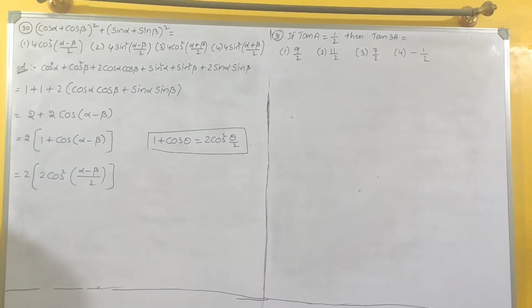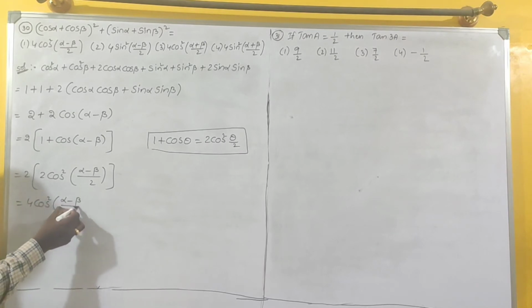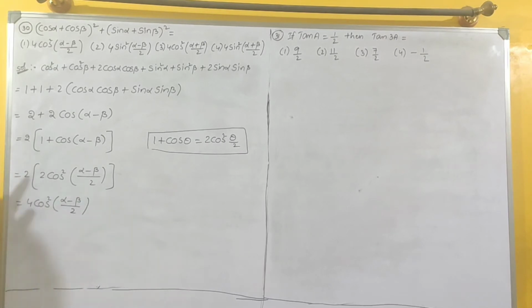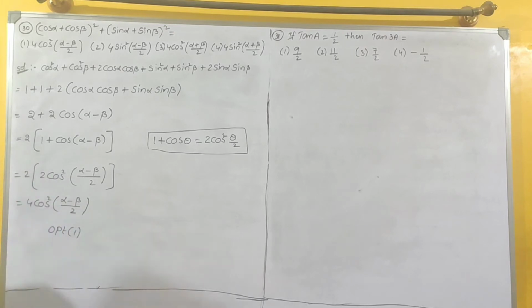If you multiply with 2, 2 2s is 4 cos square of alpha minus beta by 2, that is nothing but option 1, the correct answer.